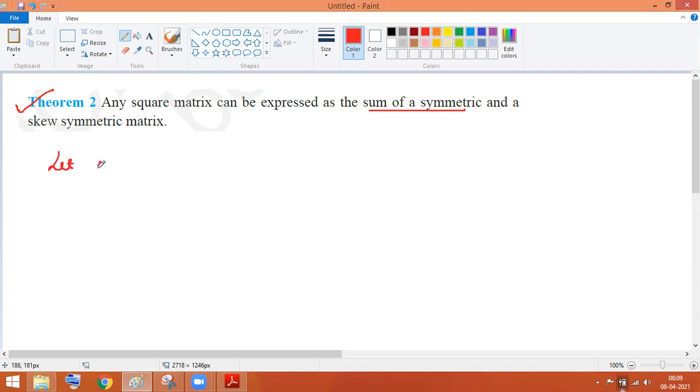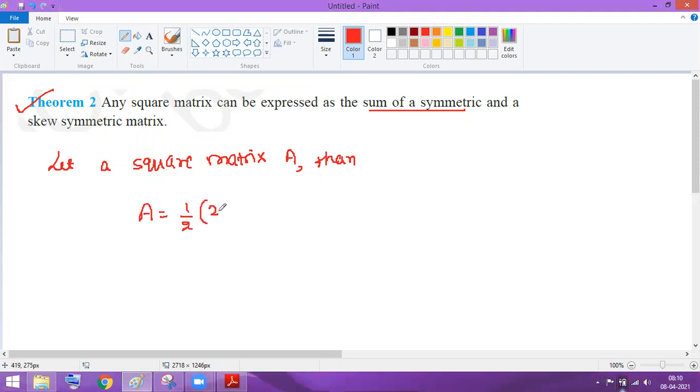Let a square matrix A, okay, then can we write A equal to half of 2A?